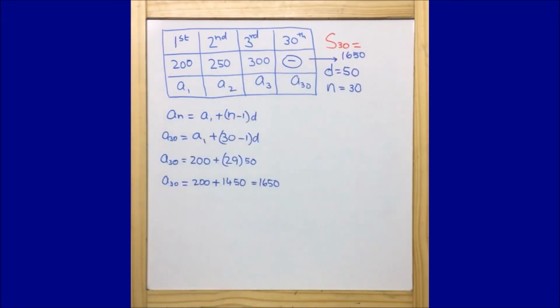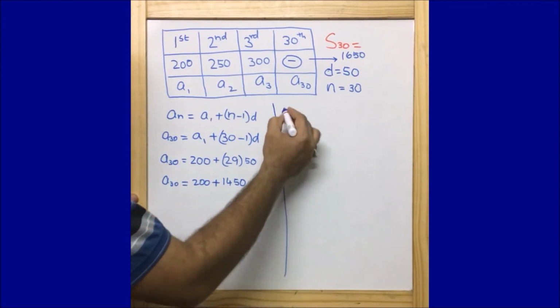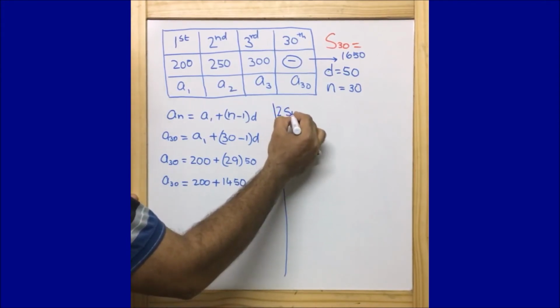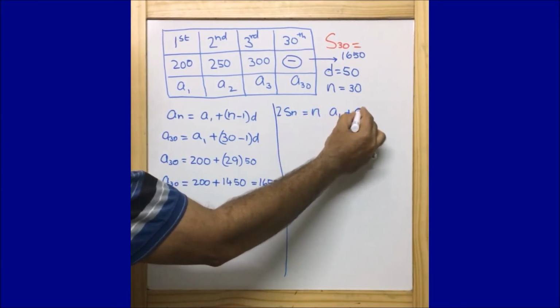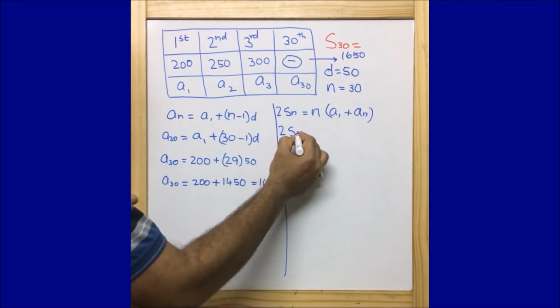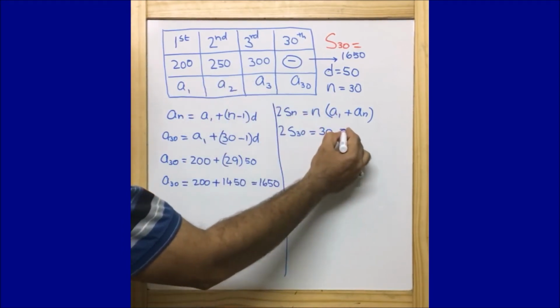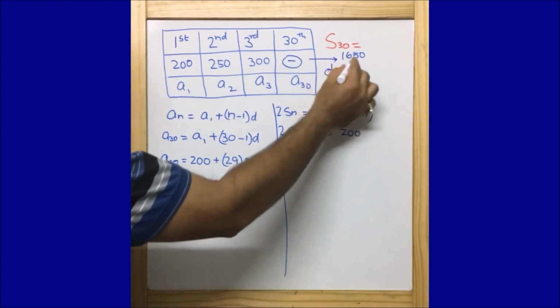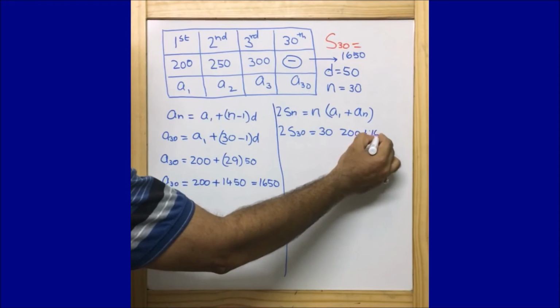So we are able to find the value of A30 as 1650. With this value in hand, we can easily find the value of S30. I can write 2Sn is equal to n into A1 plus An. Here the n value is 30. So 2S30 is equal to 30 into A1, which is 200, and An, which we got as 1650, plus 1650.